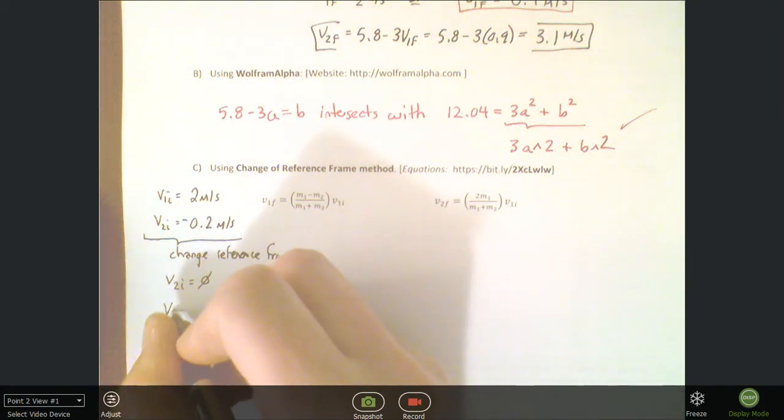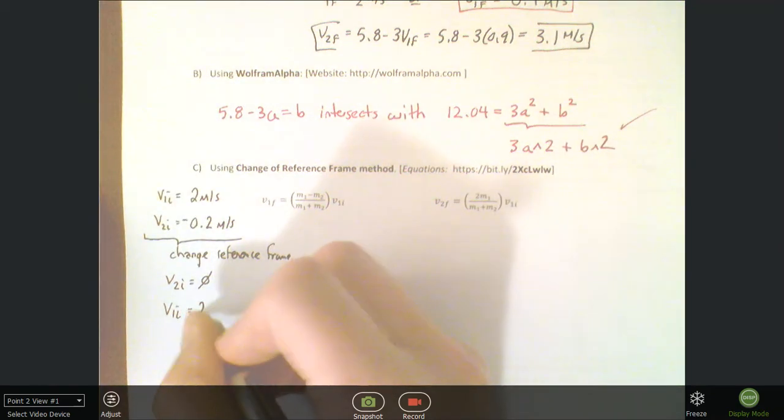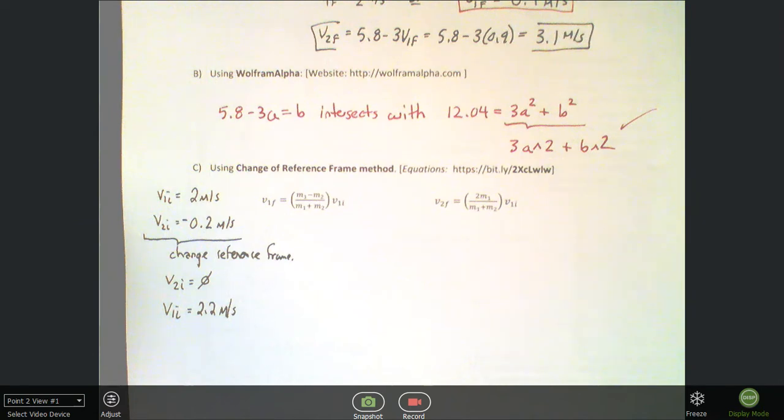And if you are on that block and you think that you're stationary, how fast does it look like that other object is coming towards you? Well, the one object is moving towards you at 2, and you're moving towards it at 0.2, so it's going to look like 2.2 meters per second is the speed of that first block. And you would think that you're stationary. Forget relativity. We know it's 2.199999, but that's beside the point at this point.